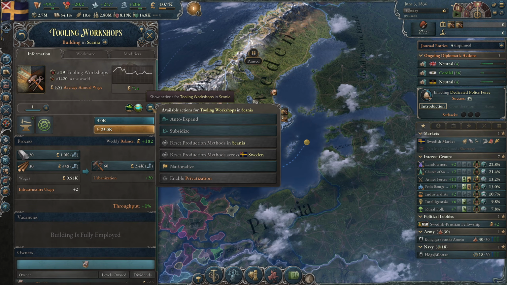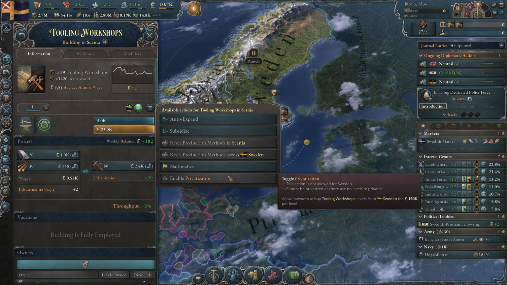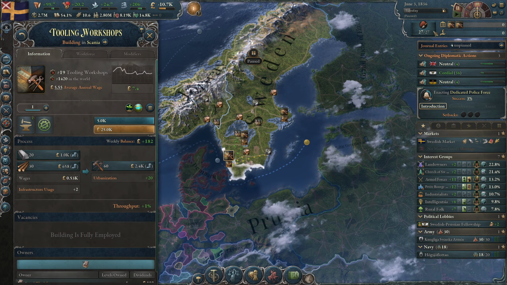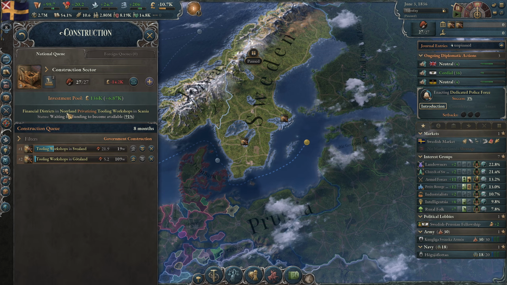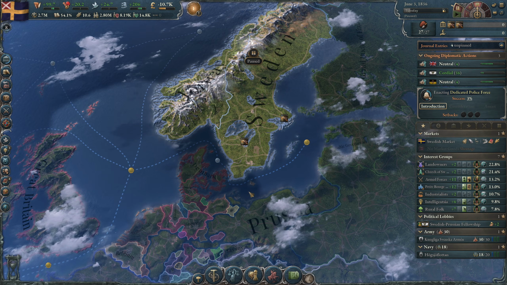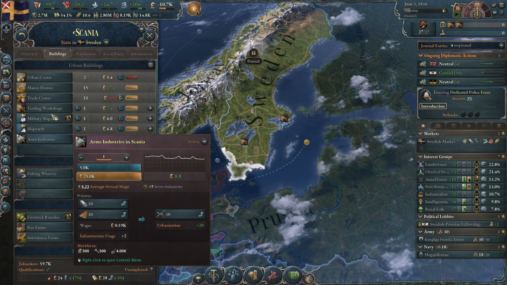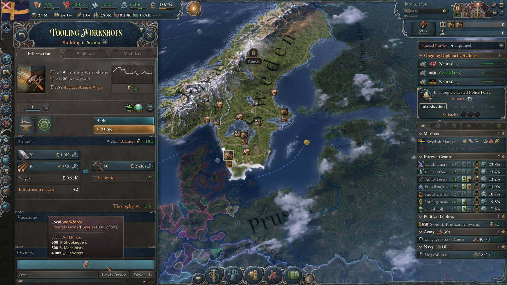Are they privatizing? Am I crazy or not? No. Apparently they can privatize buildings that are owned by the local workforce. This is owned by the local workforce.